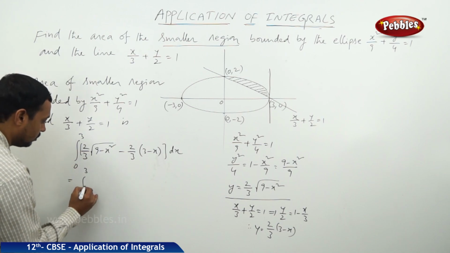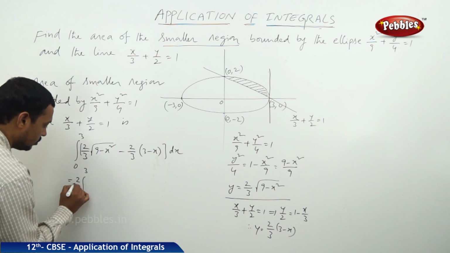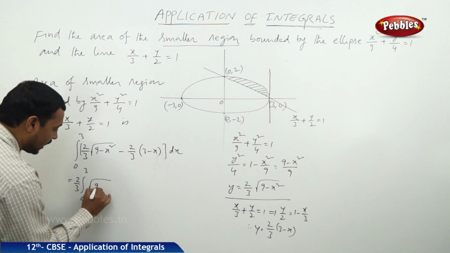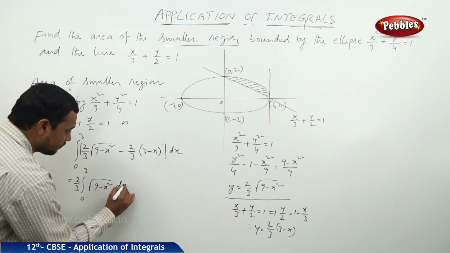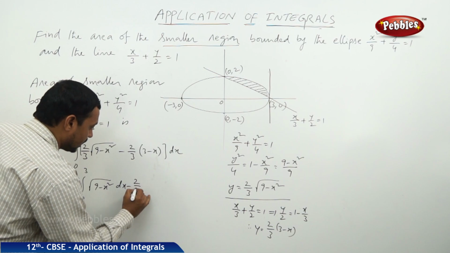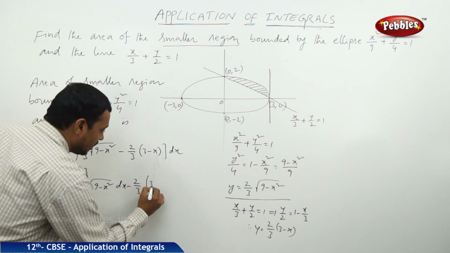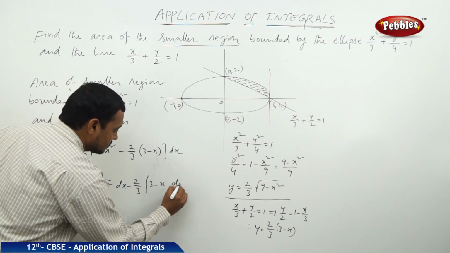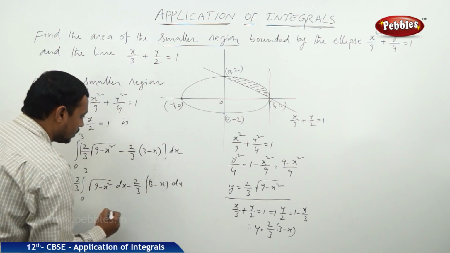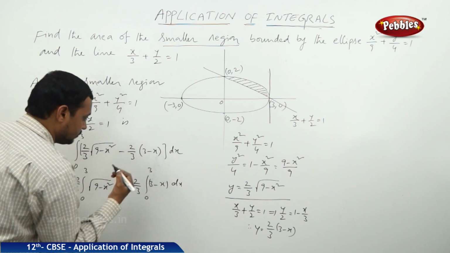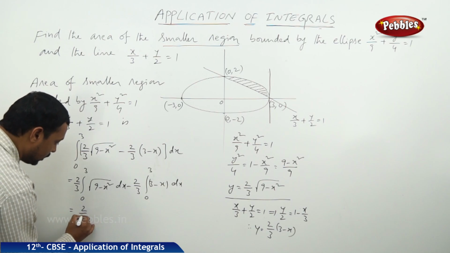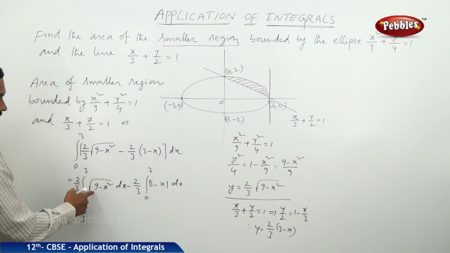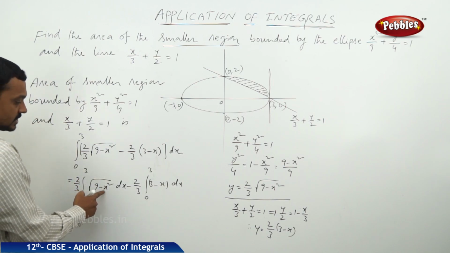Integral 0 to 3, (2/3)√(9 − x²) dx minus (2/3) integral of (3 − x) dx under the limit 0 to 3. Now this is (2/3) into, what about this? It is in the form of √(a² − x²).